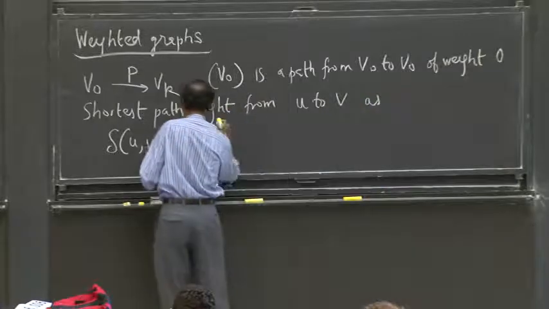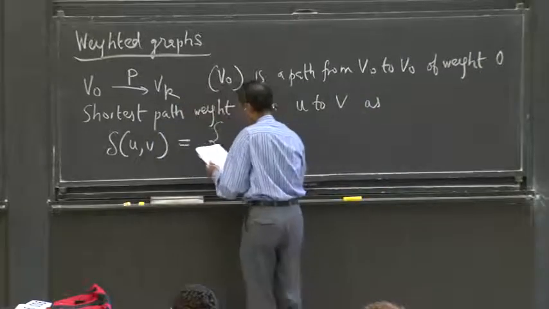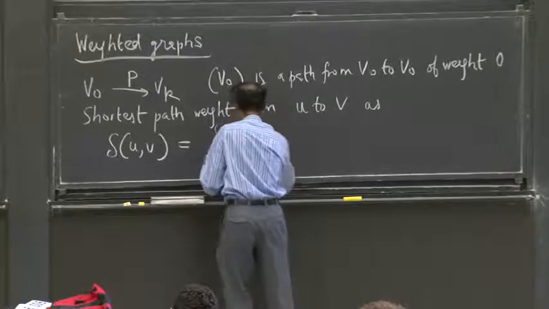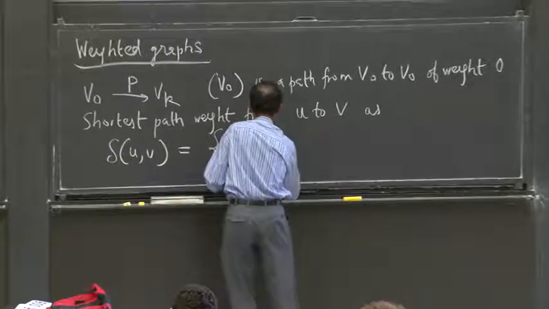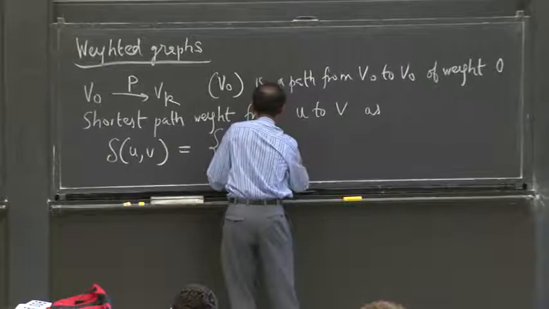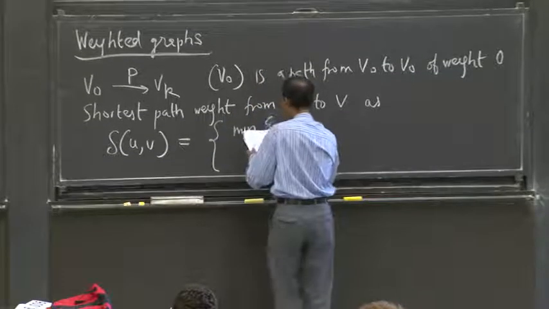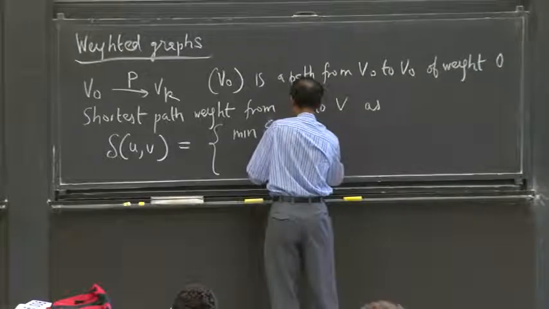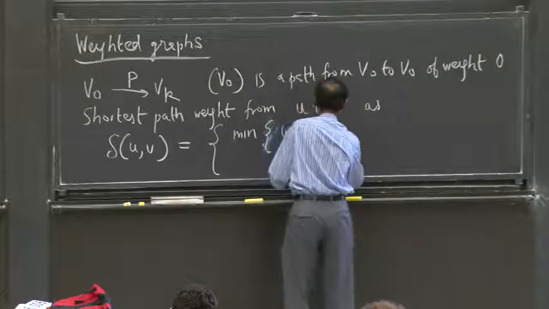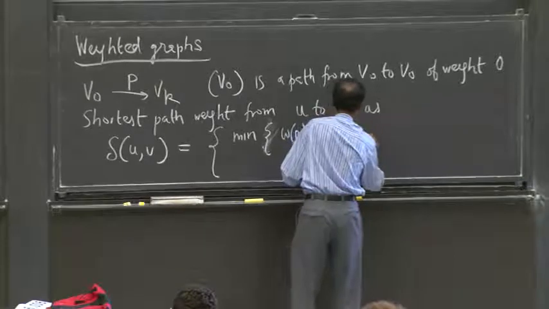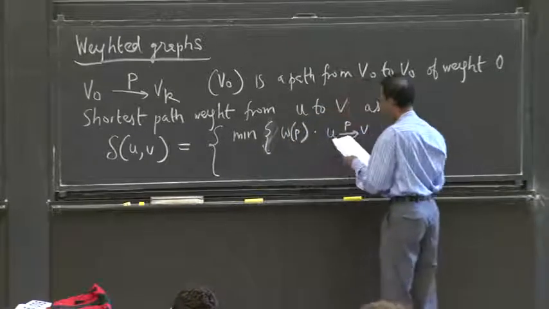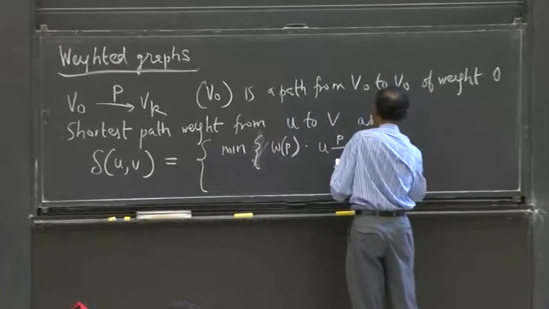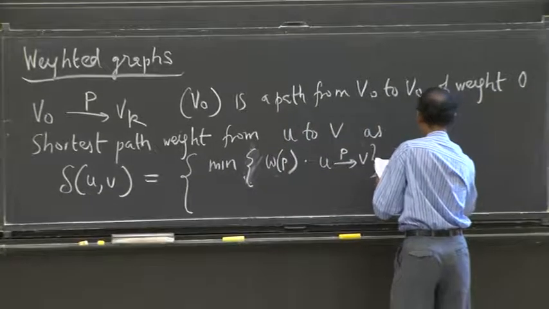And in particular, what we want is delta uv to be the minimum over all the paths WP such that P is in fact a path from U to V. And this is the case if there exists any such path.